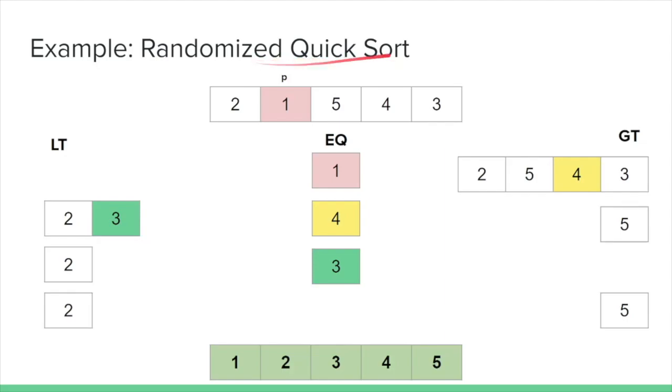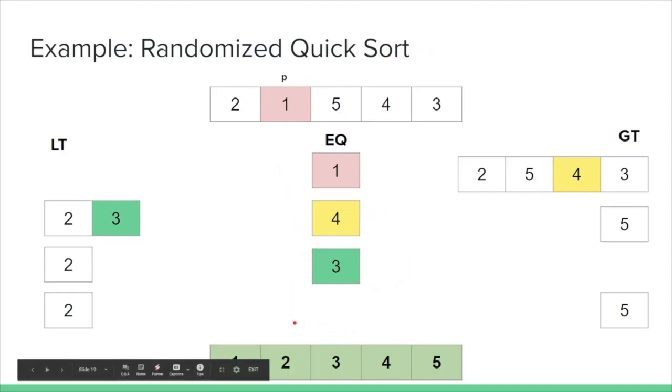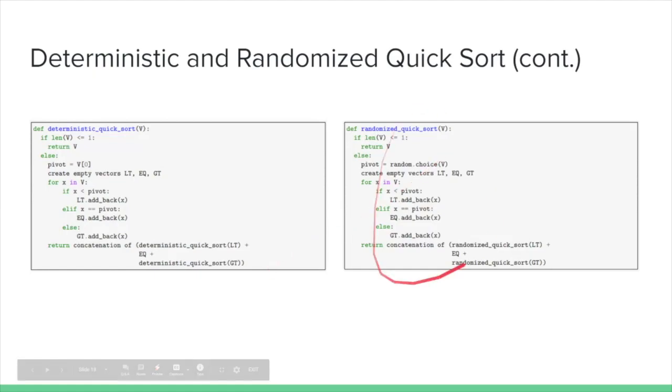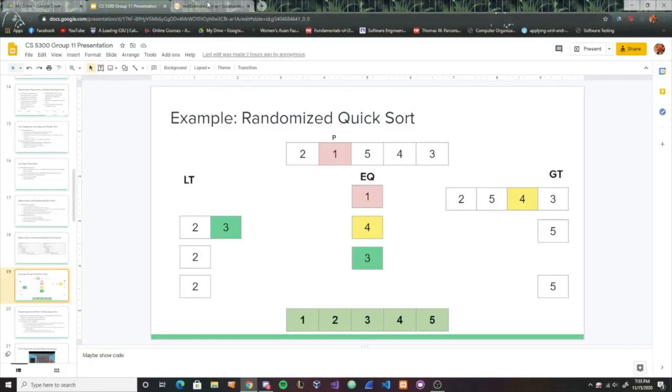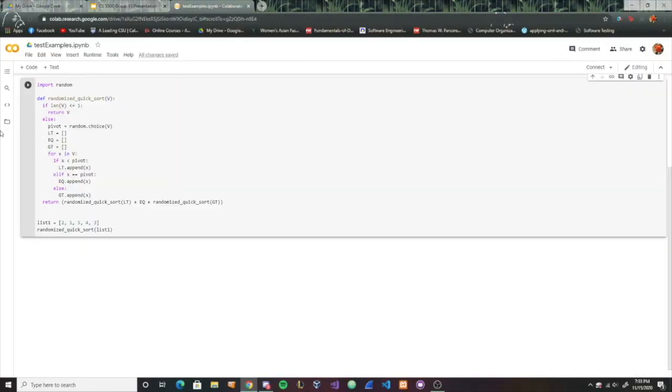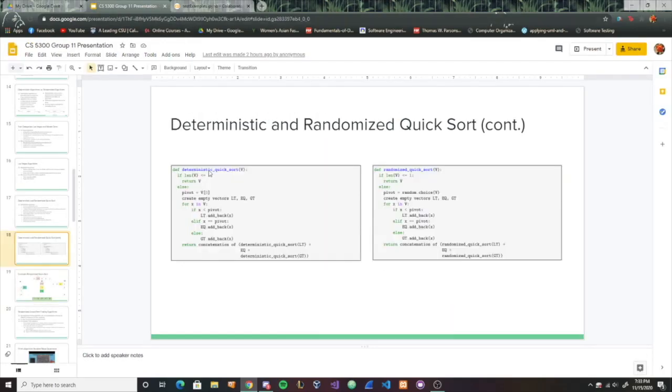Here we have a simple example of how randomized quicksort works. First, let's go through the pseudocode that was shown. Since it's a simple example, I just wrote the pseudocode that was shown here.